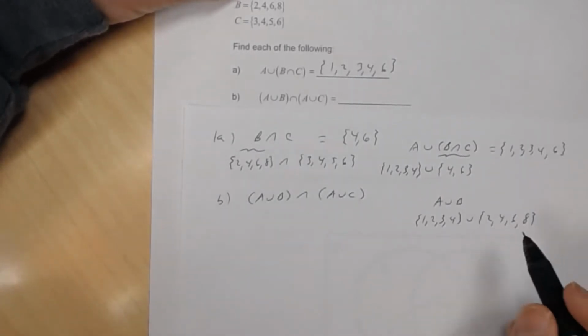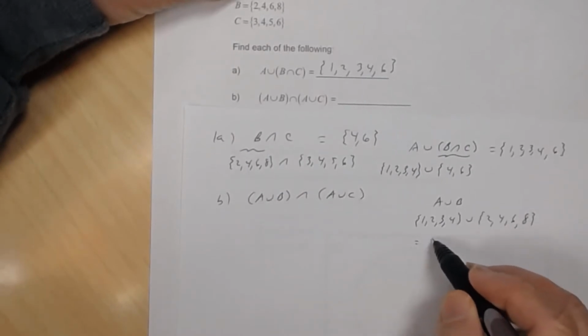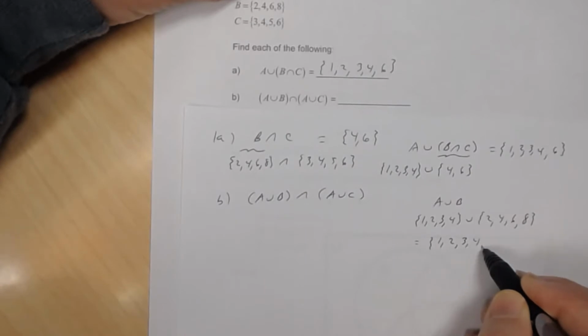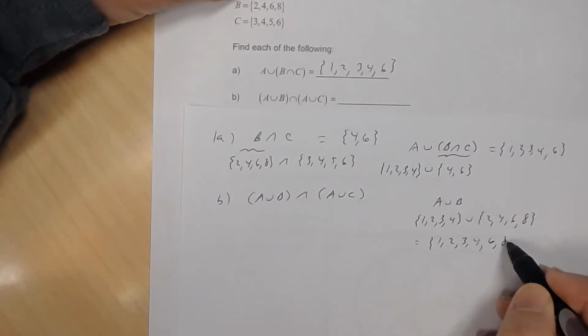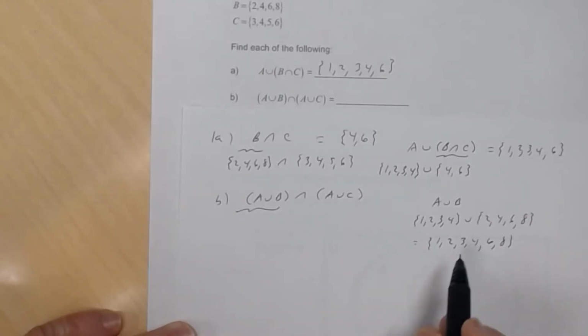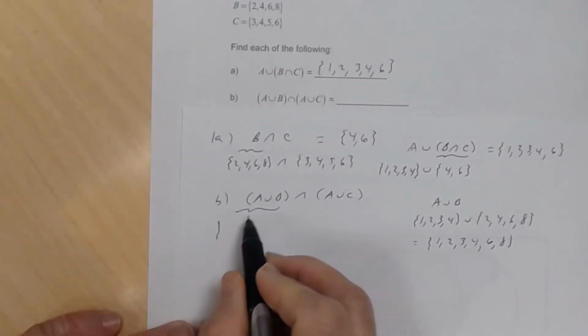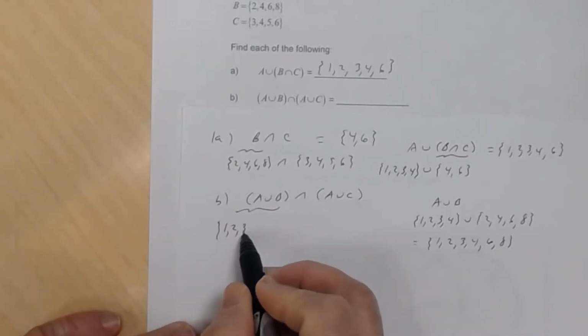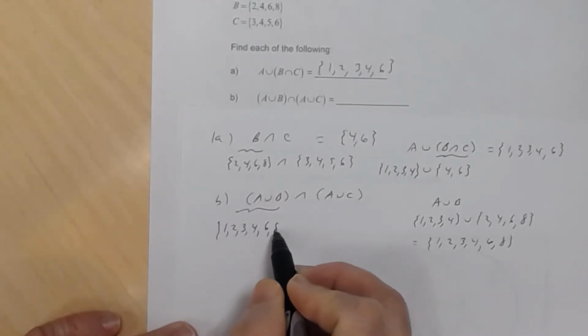And so the union then would be every element you see. So 1, 2, 3, 4, 6, and 8. So A union B is this. Notice I'm doing it step by step.